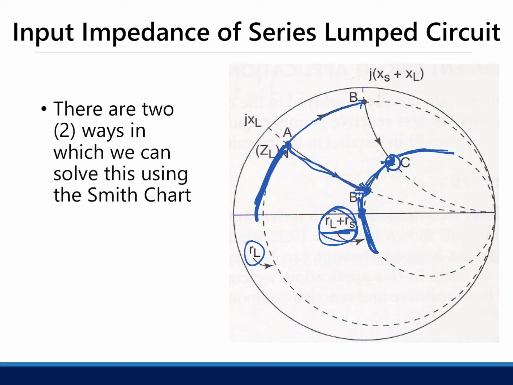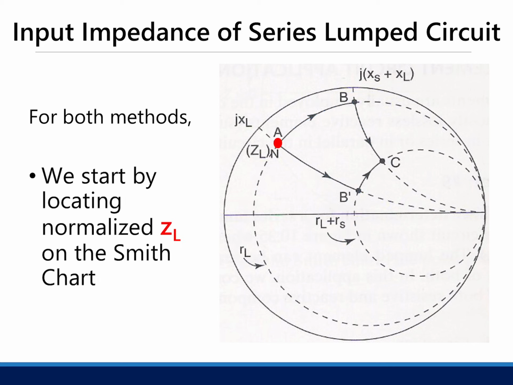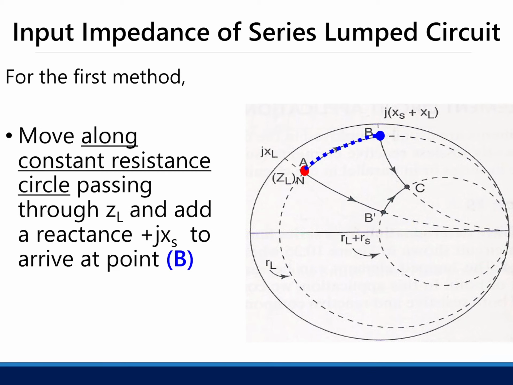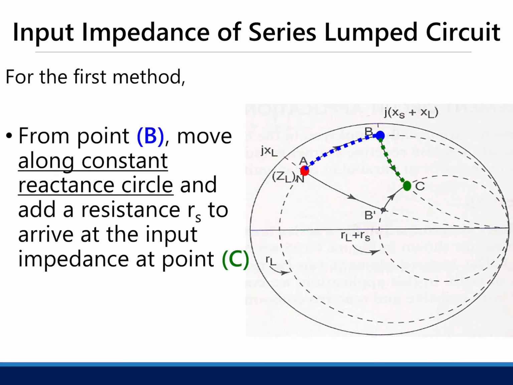If you add a reactance first and then add a resistance, you get to the same path, and that's what we're talking about in this slide. So you add your reactance first, and you move in this direction. Then you add your resistance, you move in this direction.